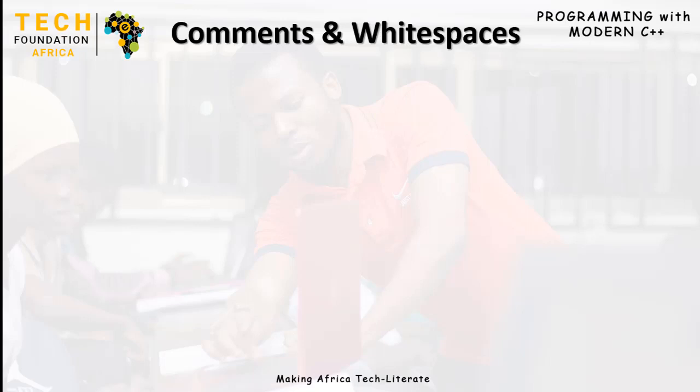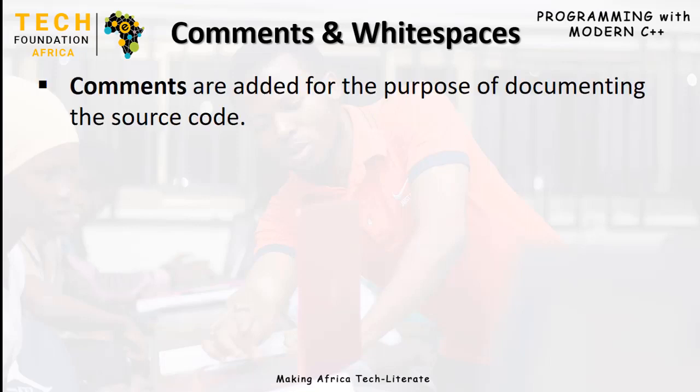So what are comments? Comments are added to document the source code to make it easier to understand how it works. Most often when you are programming, a whole lot of ideas come to mind, so it leads you to write certain algorithms or code. If you don't put in comments to explain why you did that, give yourself a matter of weeks, months, a year, come back to that source code, and you'll be so confused about why you wrote that code.